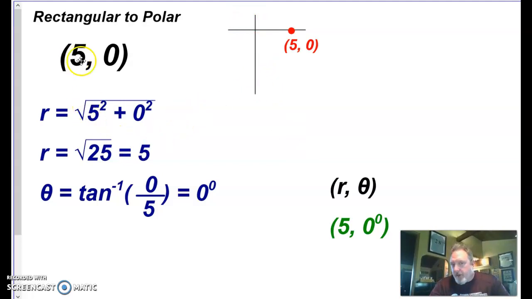To get our r value, again, we just square these. 5 squared plus 0, square root of 25 is also 5. The only difference between (5, 0) in rectangular and (5, 0) in polar is that this is in degrees, and this is our r value, as opposed to this one being our x and y coordinates.